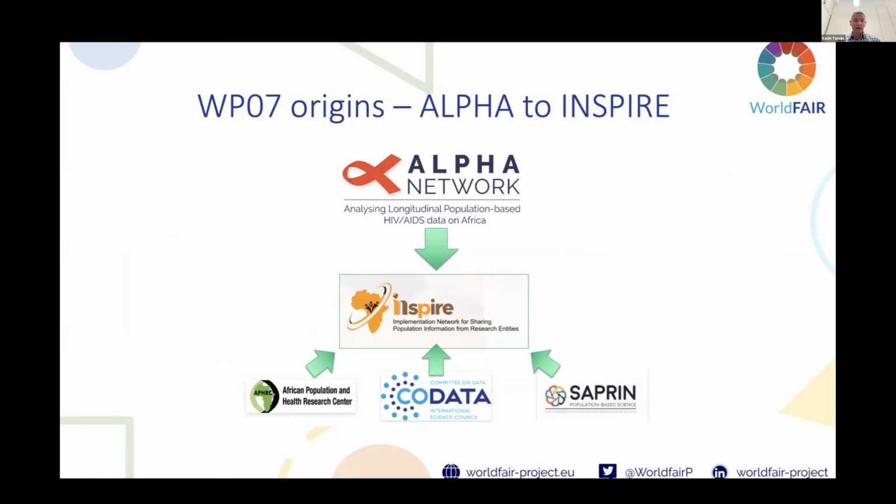Inspire is now largely run by the African Population and Health Research Center in Nairobi, with additional collaboration with CoData primarily, and also with SAPRIN in South Africa. And it is from Inspire that then led to the engagement and involvement within WorldFAIR. And this is why WP7 has the range and the focus that it does upon these particular settings.